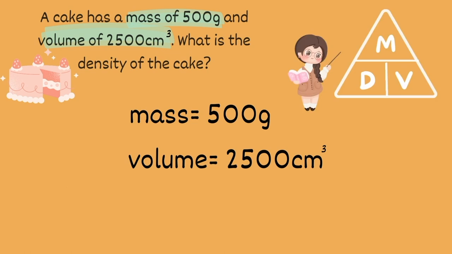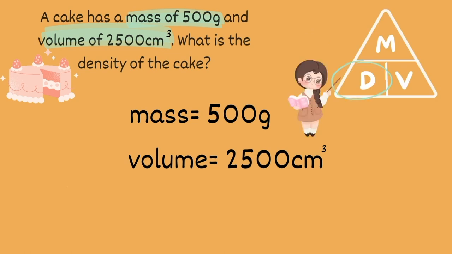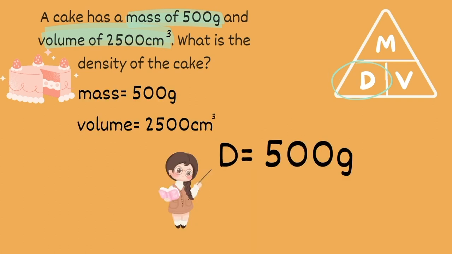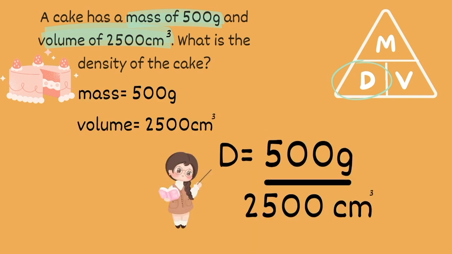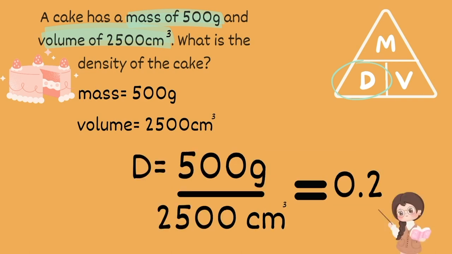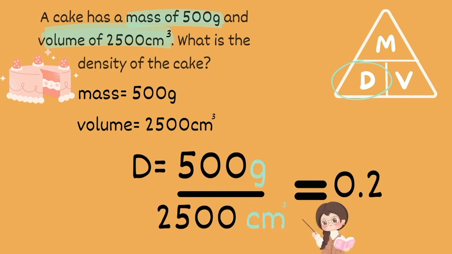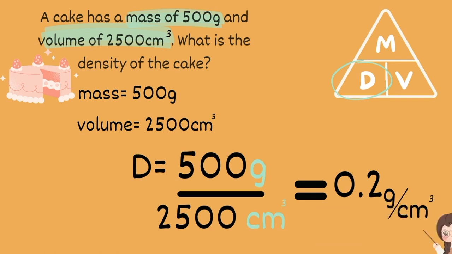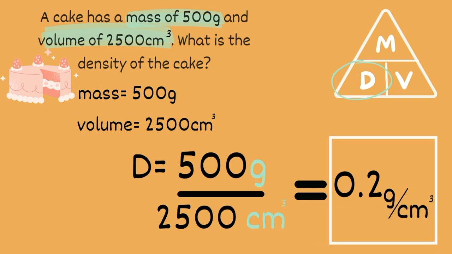If we look at our pyramid, it tells us to divide mass by the volume to get the density. So the density is going to be 500 grams over 2,500 centimeters cubed. If we punch that into our calculator, we get 0.2. And we don't need to convert any of the units here, so we keep it as is. So the final answer is grams over cubic centimeters.